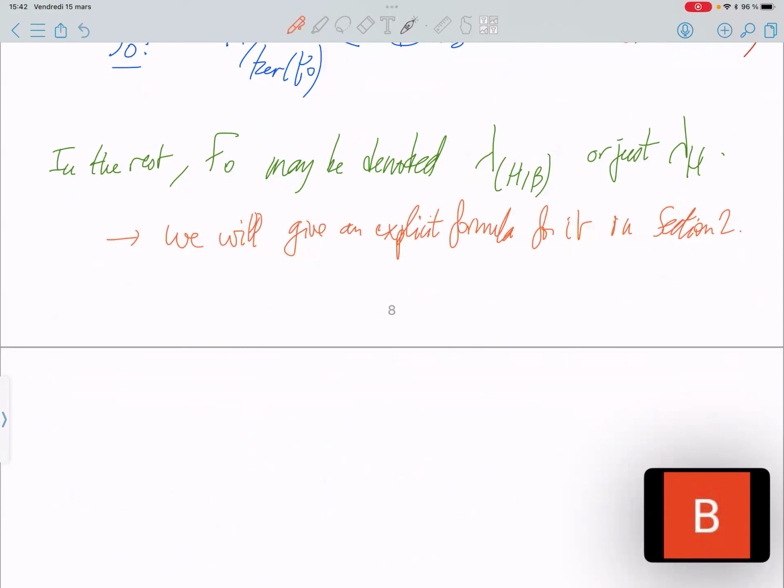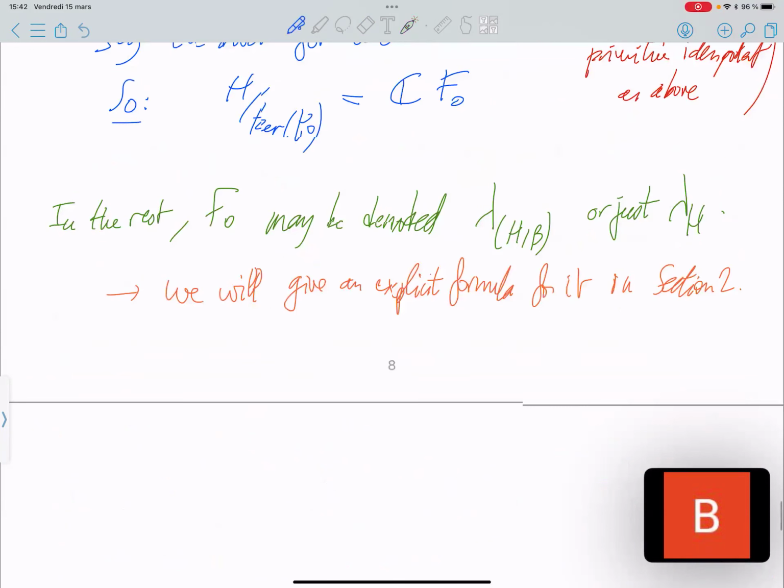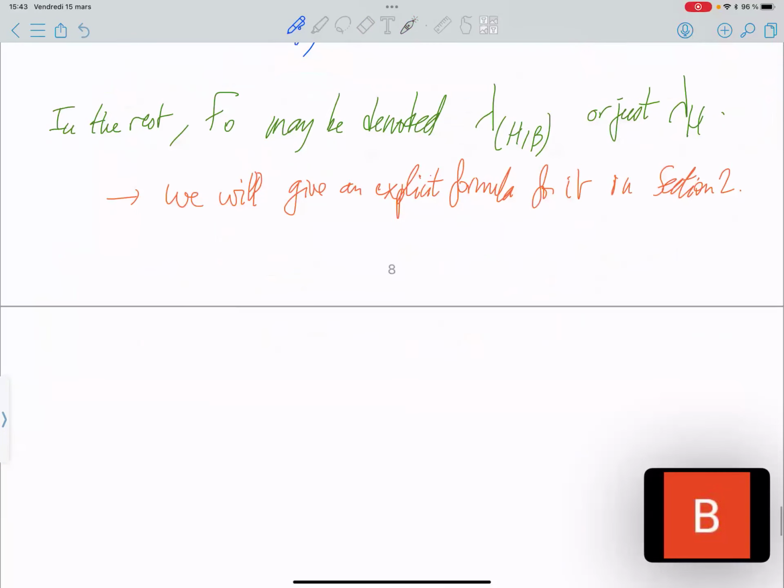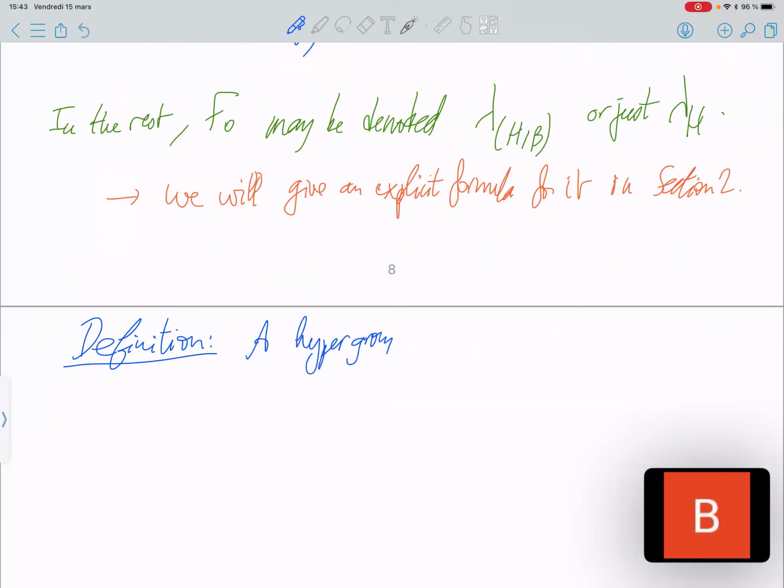Okay, so now a definition. I add this definition here, even if it is not in the introduction, because in the introduction we talk about H integral hypergroups without defining them.